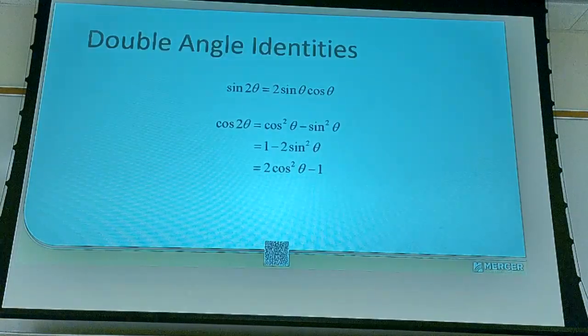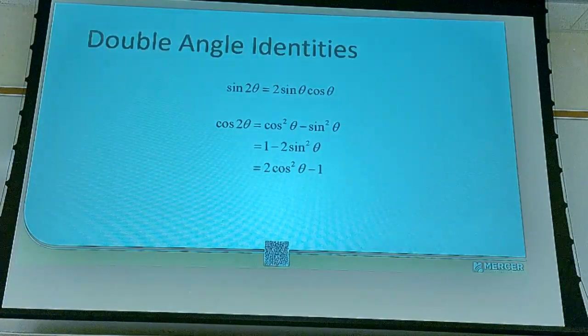But you can also have 1 minus 2 sine squared theta, or 2 cosine squared theta minus 1.